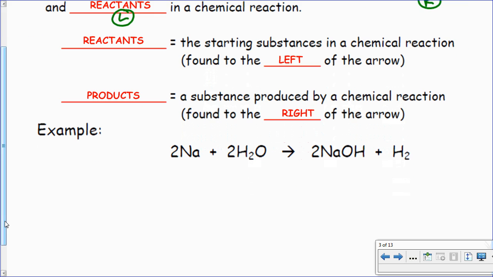For an example, the reactants are over here, the products over here, and the arrow itself is the reaction. The way this is read, it says 2 moles of sodium and 2 moles of water react to create 2 moles of sodium hydroxide and 1 mole of hydrogen gas.